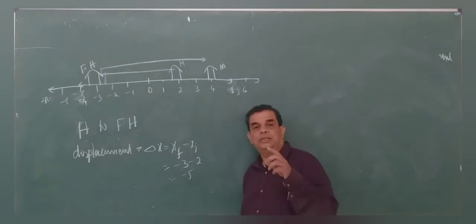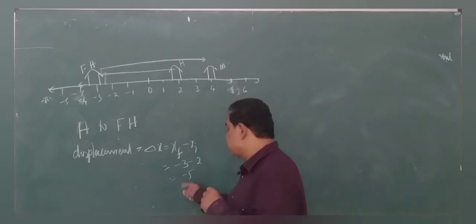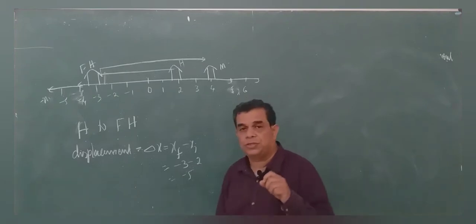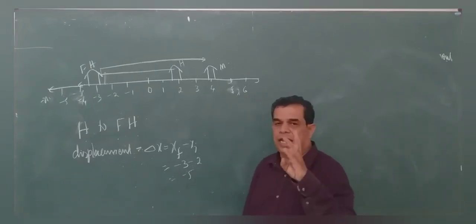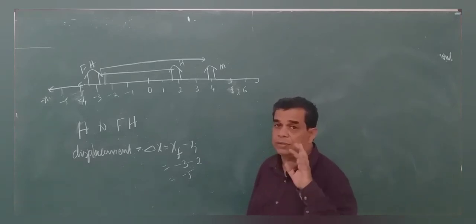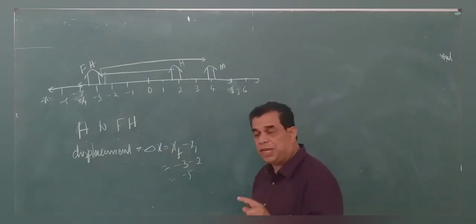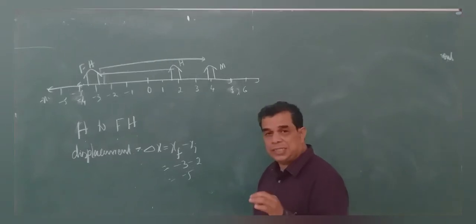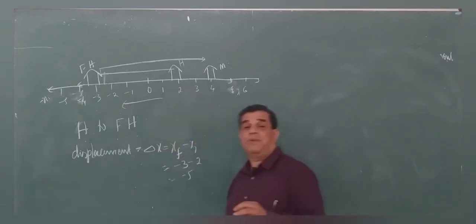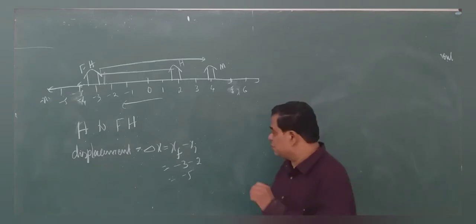What we got, -5, is the displacement. Why negative? Vectors can have positive, negative and zero values. Scalars cannot have negative values. So this tells us the displacement is -5, meaning you are moving in the negative x direction. That minus sign shows the displacement is in the negative x direction.